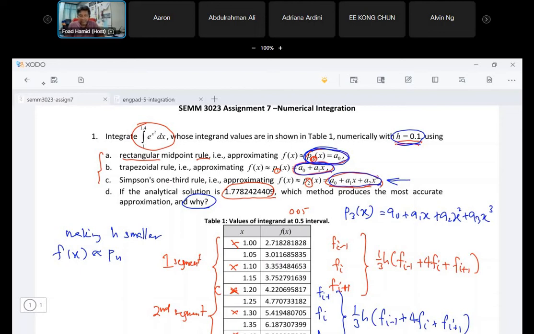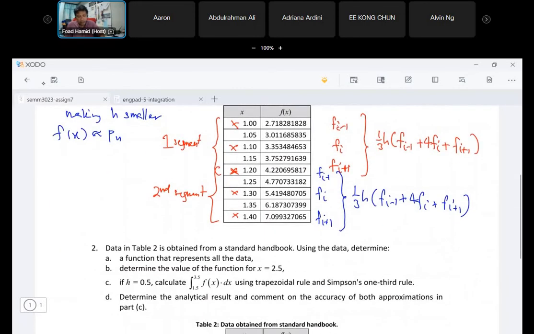Of course, the higher the order, the more tedious the calculation. So in our case I just showed you up to second order polynomial, and I think this is good enough for our approximation. Okay, so now let's look at the second question.